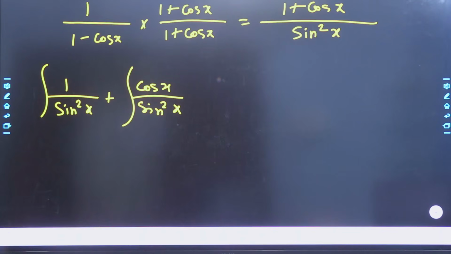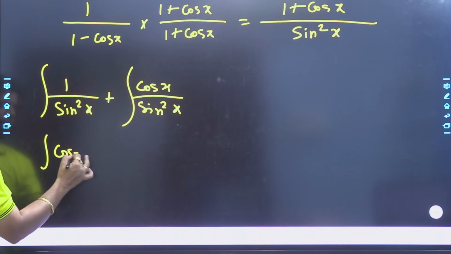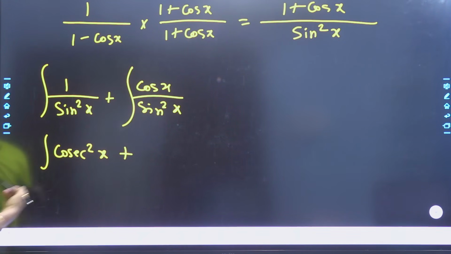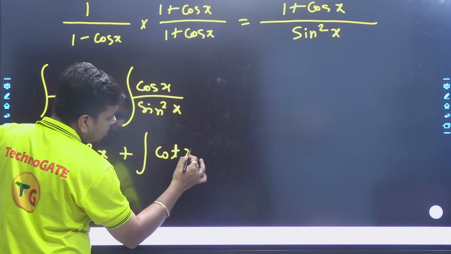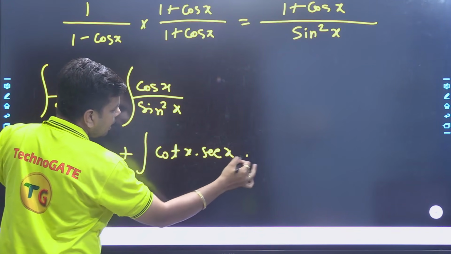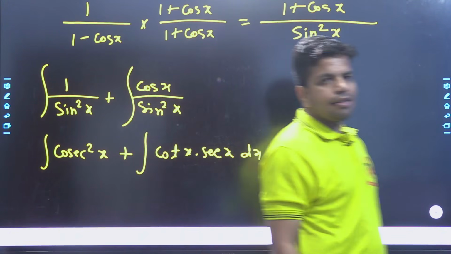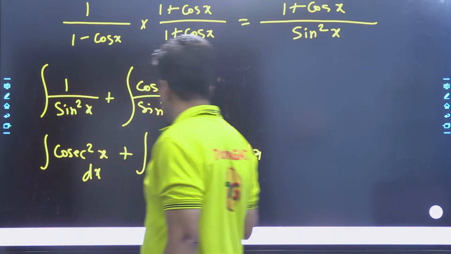So 1 upon sin square x is simply cosec square x, plus cos x by sin square x. Can we say it is the integration of cot x times sec x dx? Cos by sin becomes cot, times cosec x dx. Okay. So we need to do the integration of this term plus the integration of that term.